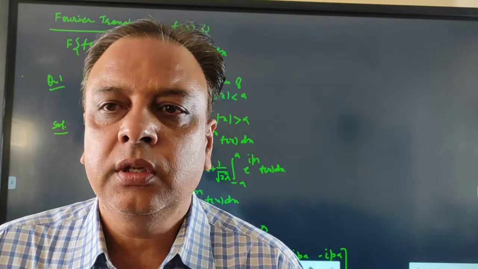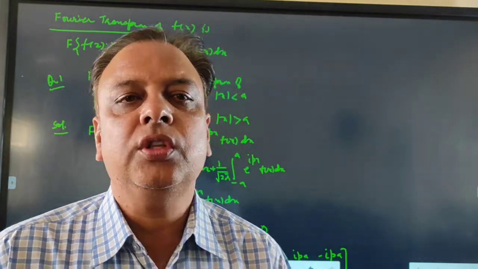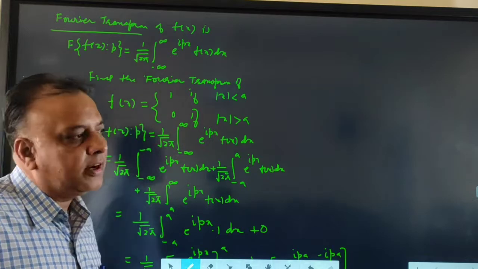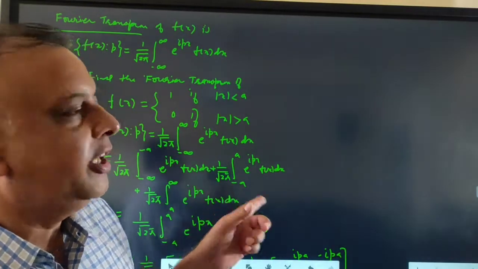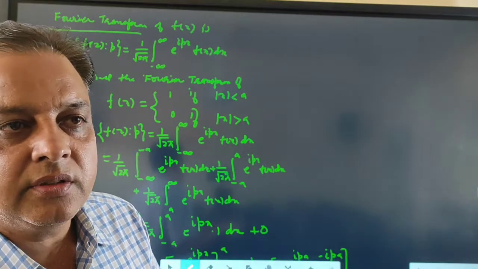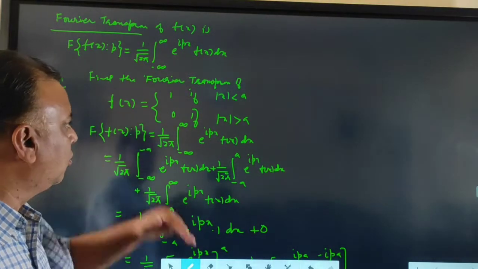Some authors also use the formula for the Fourier transformation as only the integral from minus infinity to infinity e raised to iota px f(x) dx, instead of 1 upon root 2 pi.